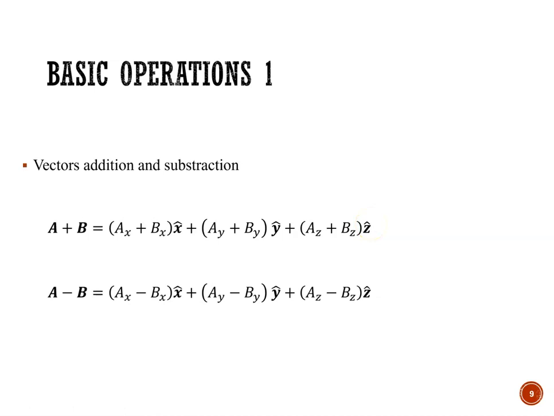For the subtraction, when you have vector A minus vector B, you have to subtract the scalar quantities. So that would be ax minus bx x hat plus ay minus by y hat plus az minus bz z hat.